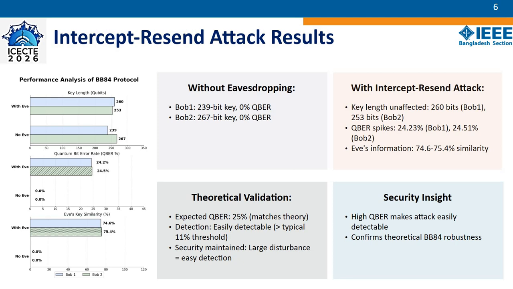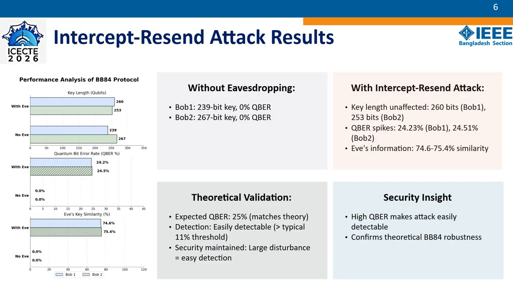Using Qiskit's basic simulator, we generated the intercept-resend attack model where the attacker tries to intercept the bit, measures it, then resends the bit. As they are not aware which basis our participants are using, this attack generates lots of noise in the quantum channel. In our simulation, without any eavesdropping, Bob1 obtained a 239-bit key and Bob2 obtained a 267-bit key, and the QBER was 0 because there is no eavesdropping.